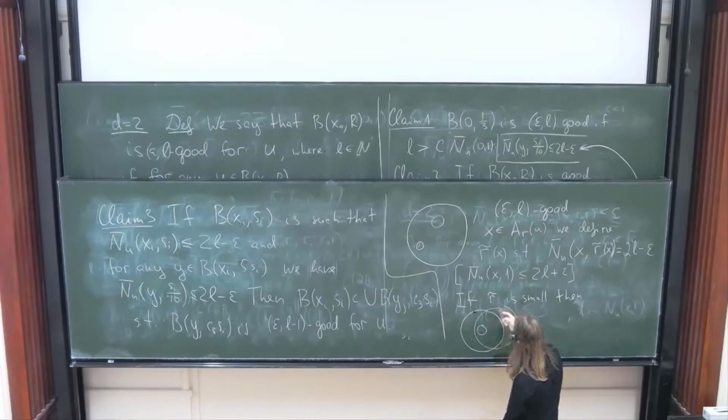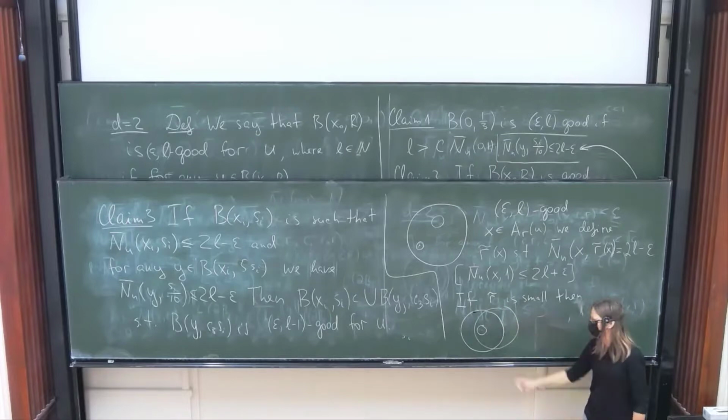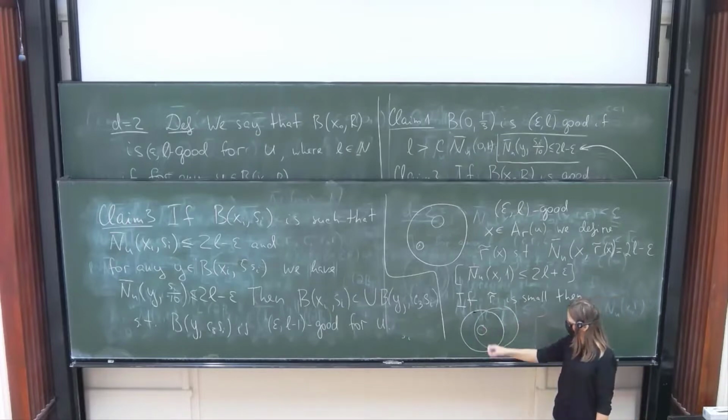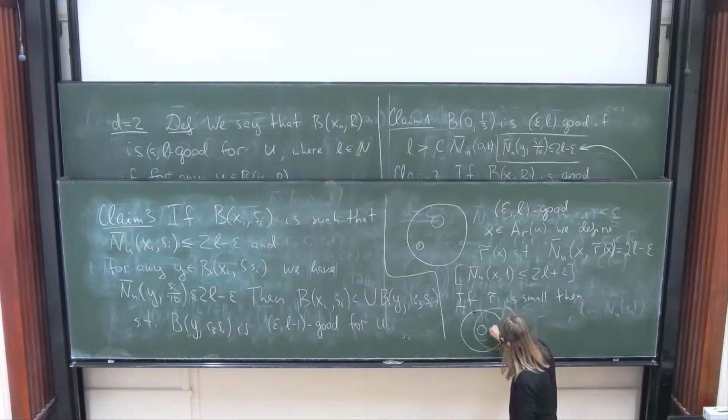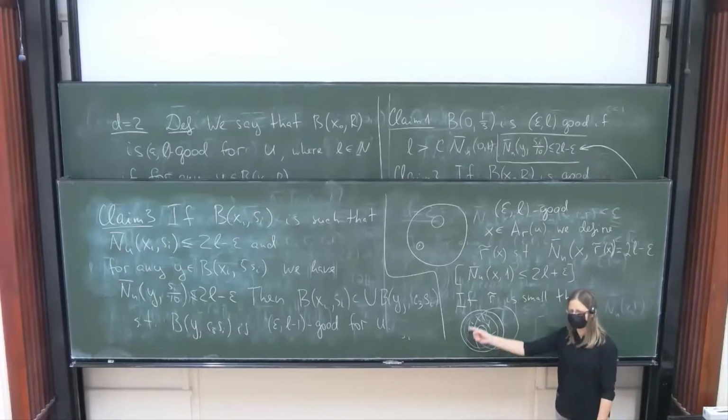This was my unit ball where I want to cover everything. I have a point here where my function looks like a homogeneous harmonic polynomial on this ring here.